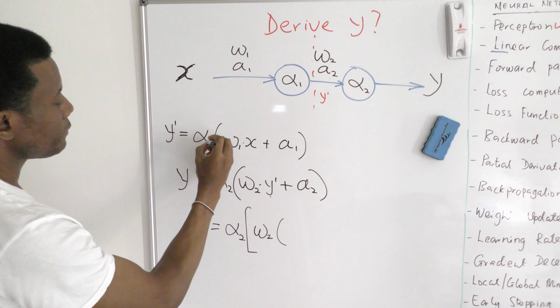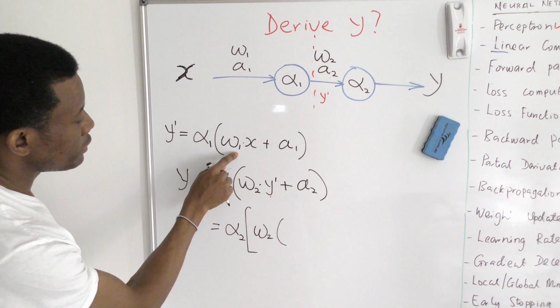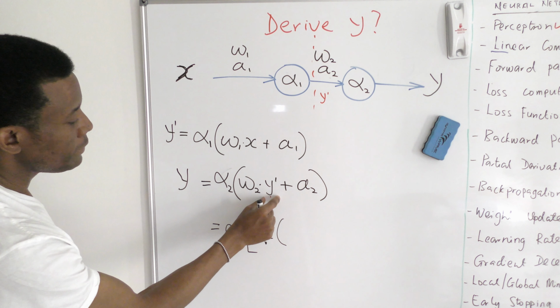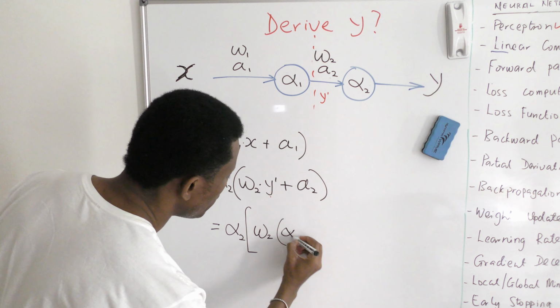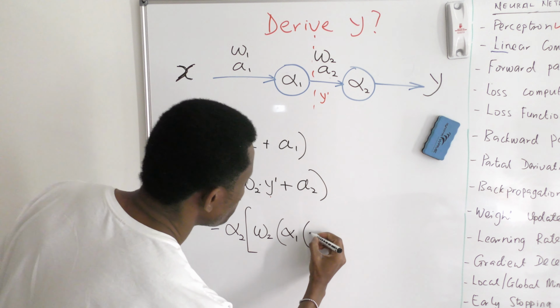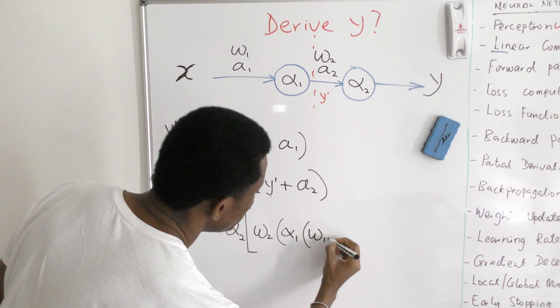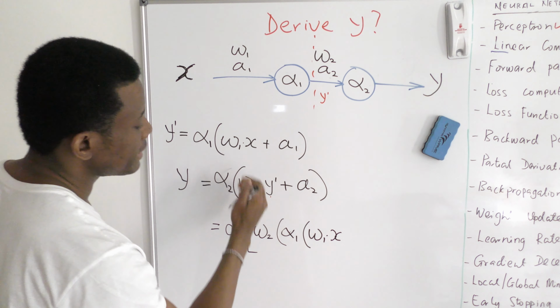I think we got this wrong, this is going to be alpha 1. So we substitute the expression for y prime, and it's going to be alpha 1 multiplied by w1 dot x, plus a1.